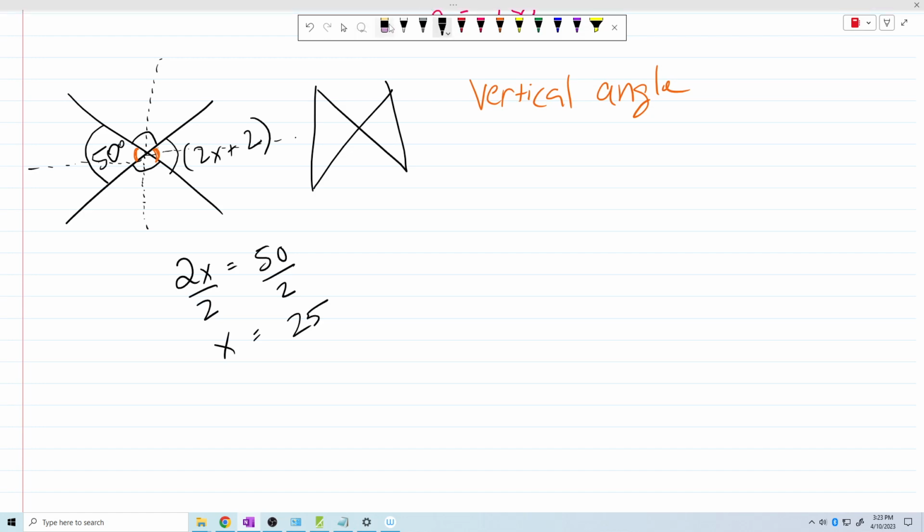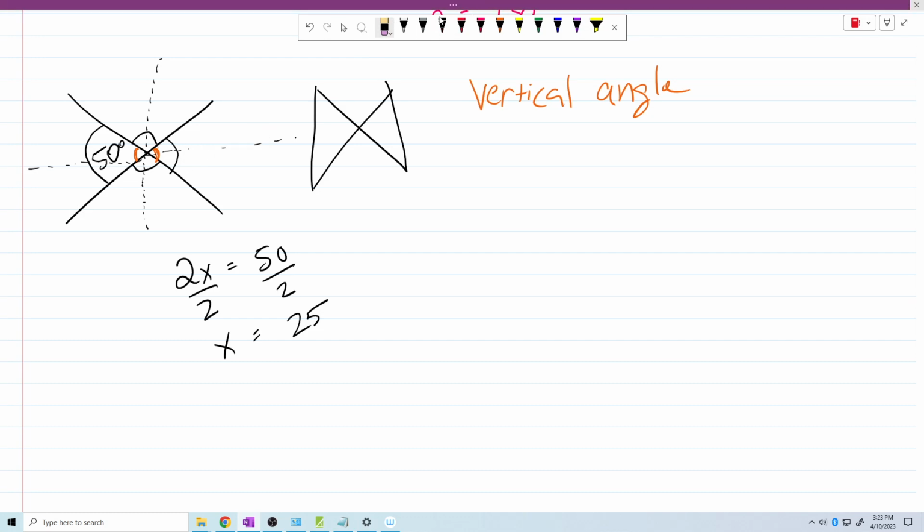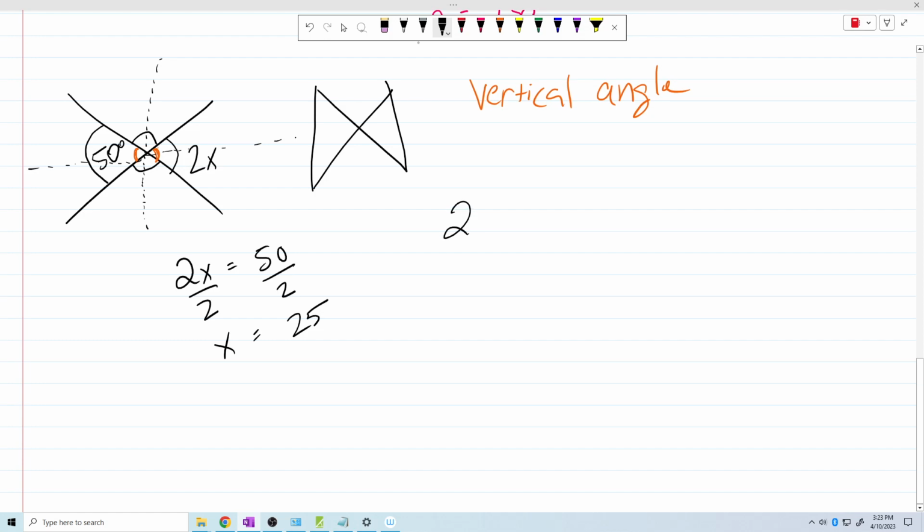Okay, we know how to solve equations. Now let's bring our 2x back. So if we're saying that x is 25, plug this thing back into here to get our angle. 2 times 25. Well, that is indeed 50.